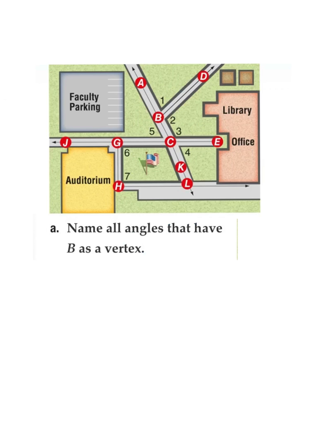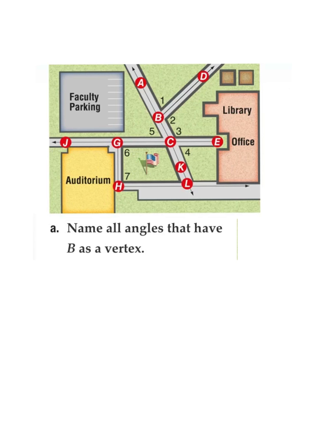Let's have a look at a real world question. Here we've got a diagram of some sort of roads, an auditorium, faculty parking, library and office. Question A is asking, name all the angles that have B as a vertex. Here's B, so we're looking at this angle here.